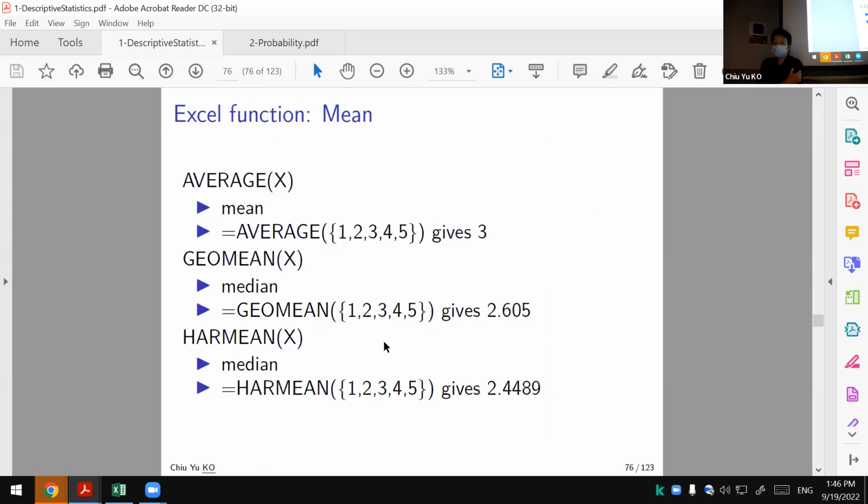And we mentioned in class we have the geometric mean and harmonic mean, just called geomean and harmean. I'm not going to write them on the Excel spreadsheet, but that's how you calculate the geometric mean and harmonic mean. Is that okay?